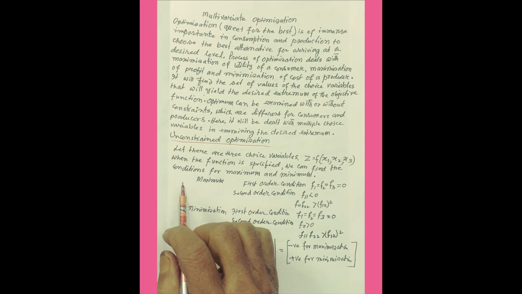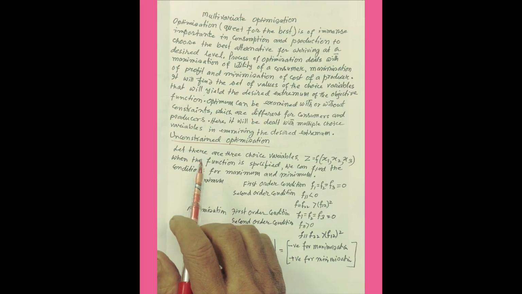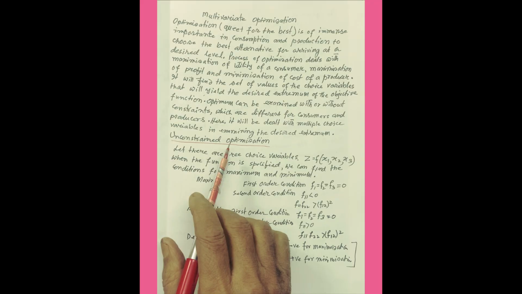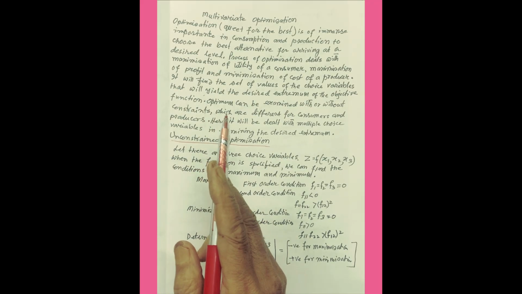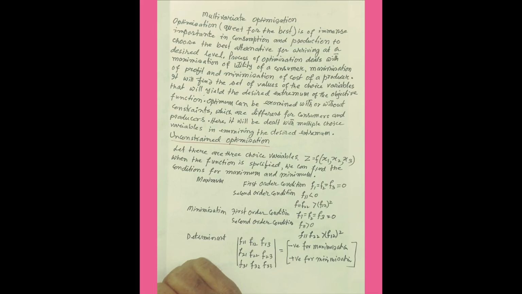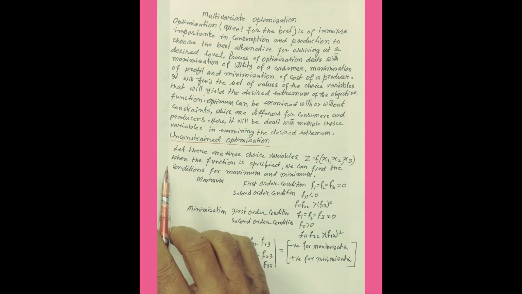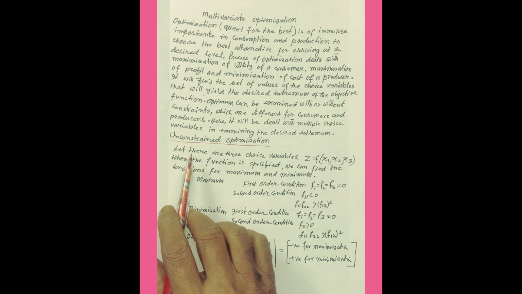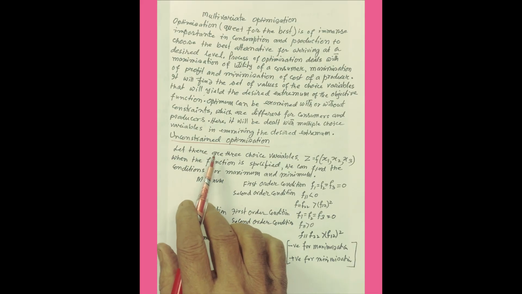X is a choice variable or independent variable, but here we will consider more than one variable, which we term multivariate optimization. Now there are two processes of optimization, one constrained and one unconstrained optimization.